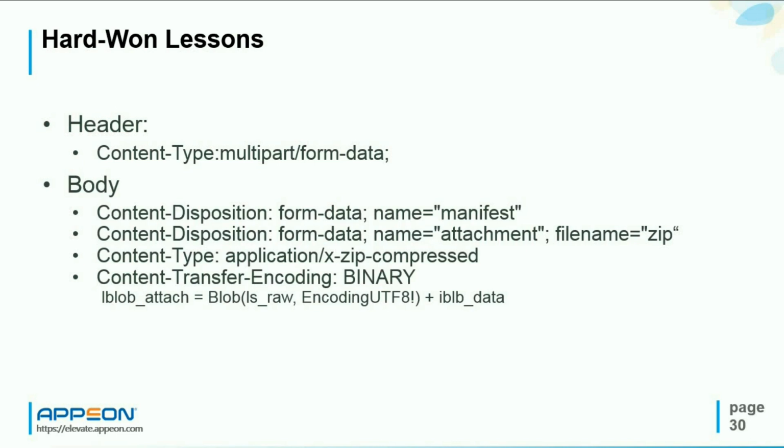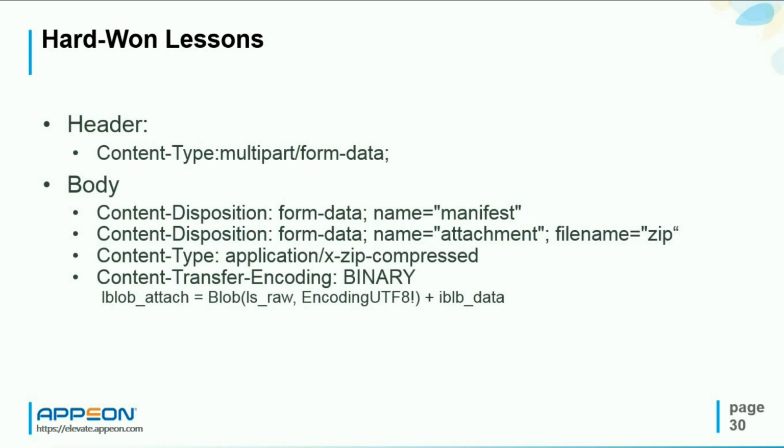So we found out that we needed to put in a header something that they never talked about. And that was the content type for multi-part form data. We also realized that we had to put in a body. And that body has two parts. One for the manifest that contains the JSON, and another for the attachment.